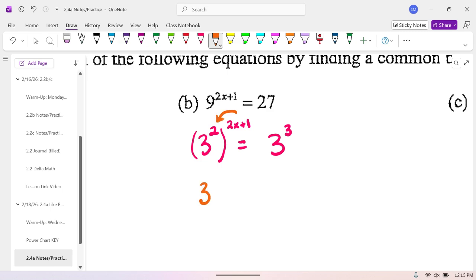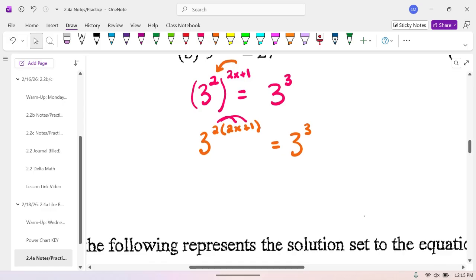So I'm going to rewrite this as 3 raised to 2 times 2x plus 1 is equal to 3 to the third. And I'm just going to go ahead and distribute it so I don't have to worry about it later. So if I distribute that, it'll be 3 raised to the 4x plus 2 is equal to 3 to the third.